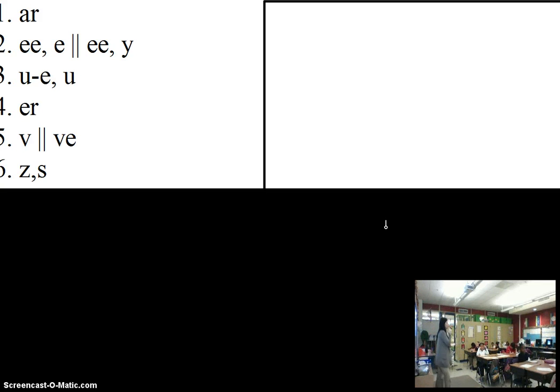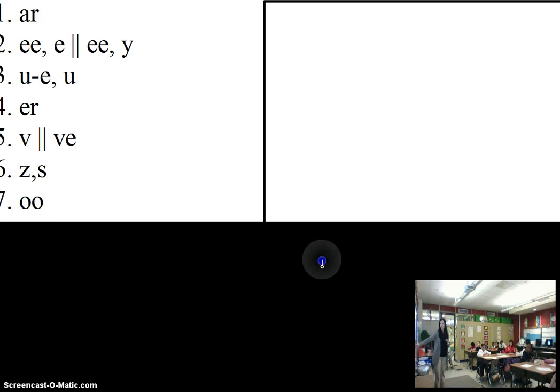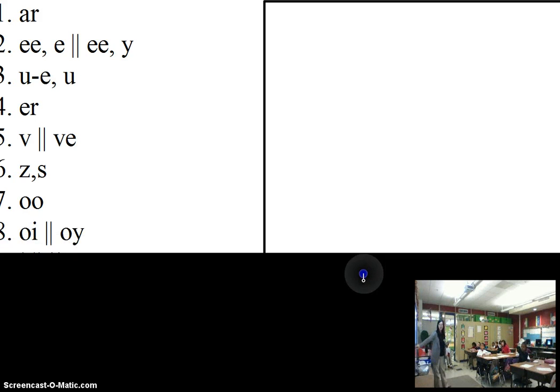Number 7. Digraph O-O. Number 8 is oi. Diphthong O-I.